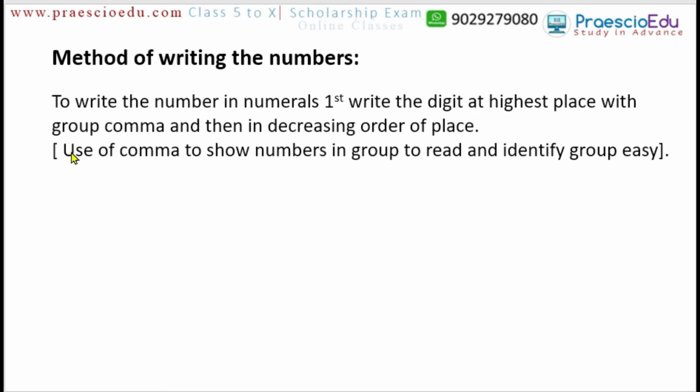The method of writing numbers: place values we count from the right side, but while reading we have to go from the left side, just like words, because we are reading the numbers in words, not numerals.